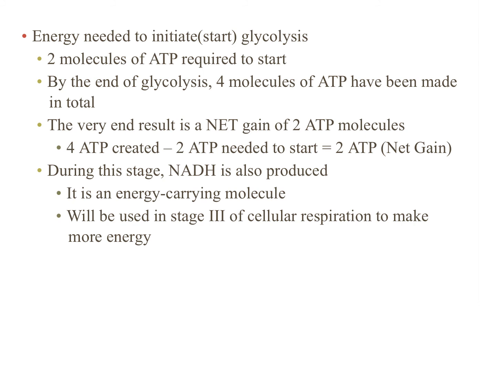And then we said during that stage, you're going to get 2 NADH, also as a product. So remember, products, reactants, those things are important. Also remember, when we're talking about NADH, we're talking about an electron carrying or an energy carrying molecule. So just like when we talked about NADPH and NAD+, here we're just talking another molecule that can help us to move energy along.